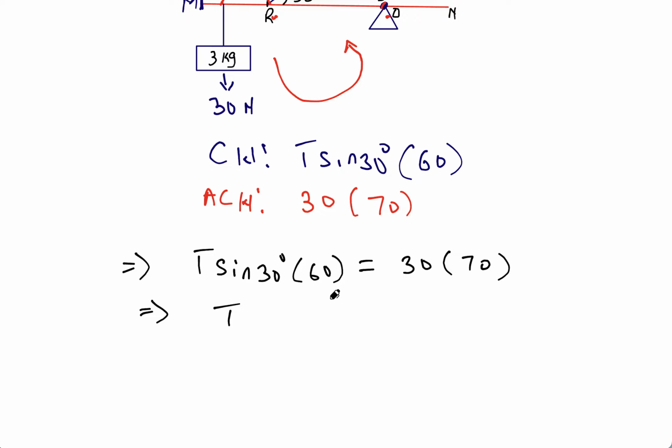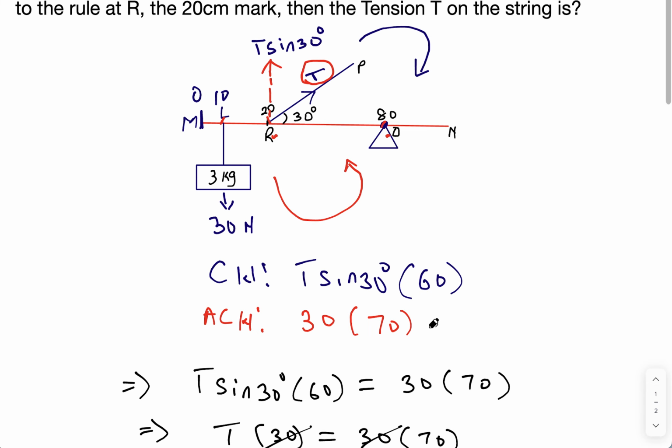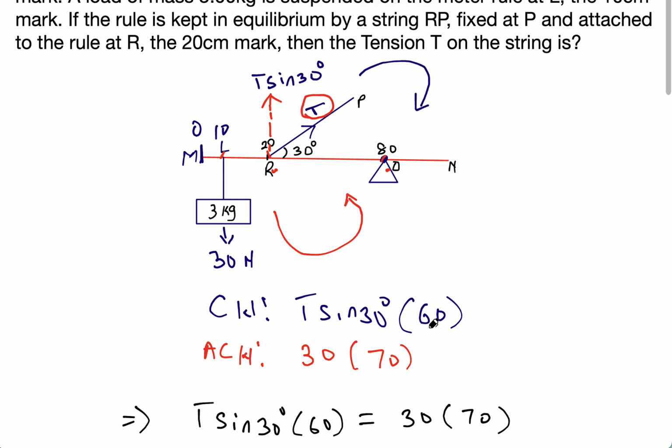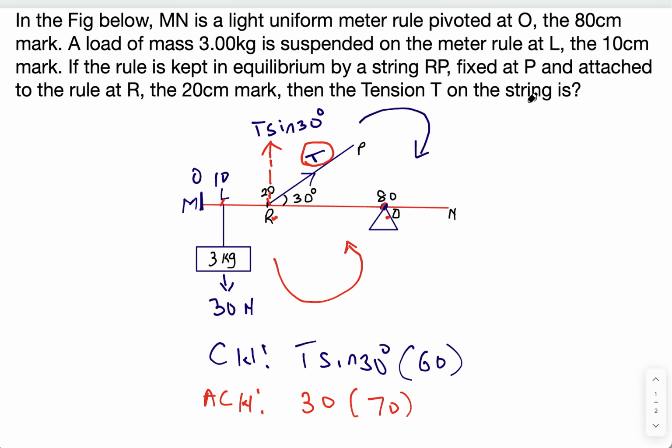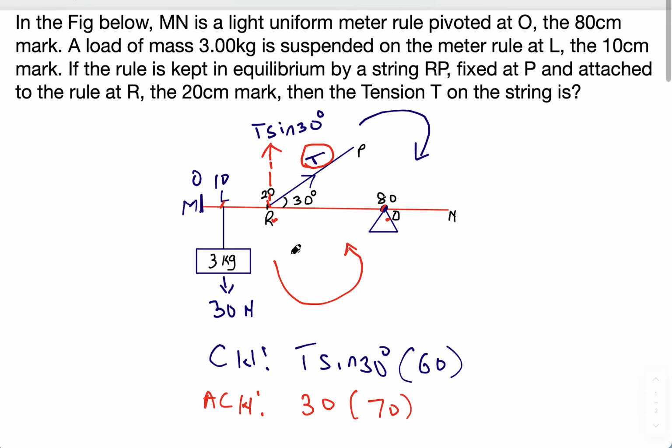If you press sine 30 degrees on your calculator, it gives us 0.5. So 0.5 times 60 gives us 30. So this is T times 30 equals 30 times 70. Then this 30 can cancel out, and at the end of the day, T equals 70 newtons. So the tension in the string is 70 newtons.